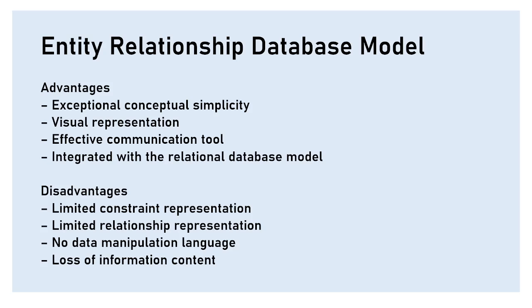Now, the disadvantage is that it has limited constraint representation and limited relationship representation. Constrained representation might be a problem in some cases. Then there is limited relationship representation. It will not be possible to link or create something like a network kind of database.